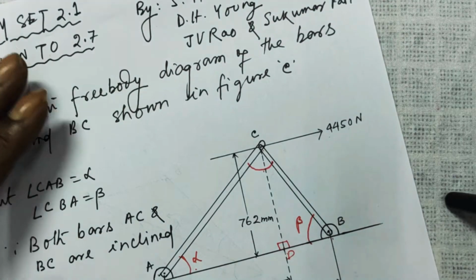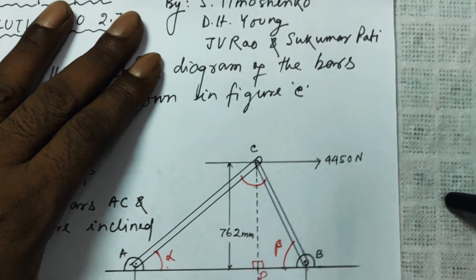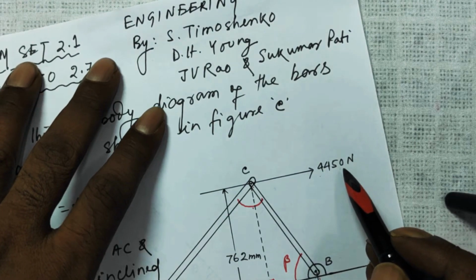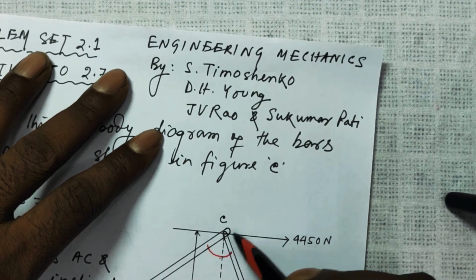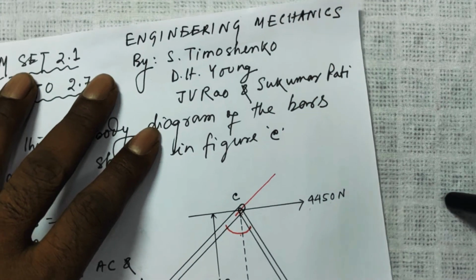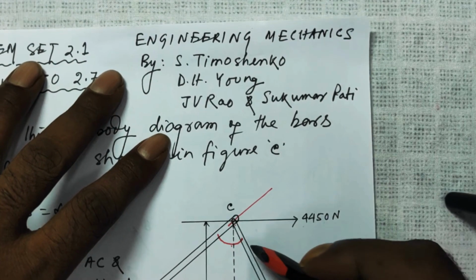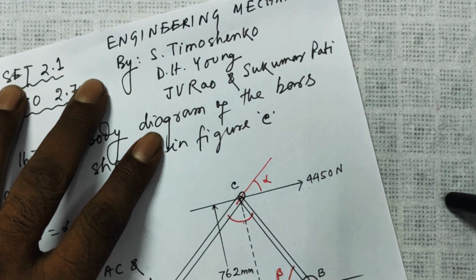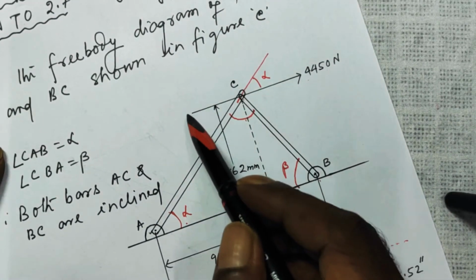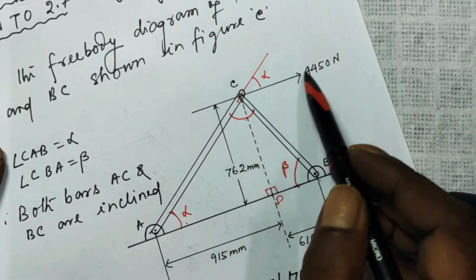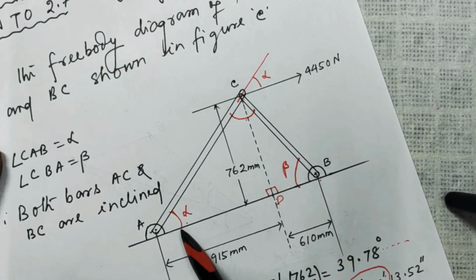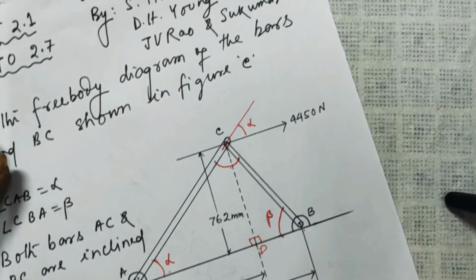Now due to this force, what happens? Now you can resolve this force. This force is horizontal. Now let me draw a line like this. So this angle is alpha, because this is horizontal and this line is parallel to this, so this is also alpha.